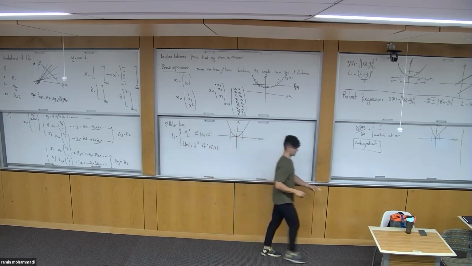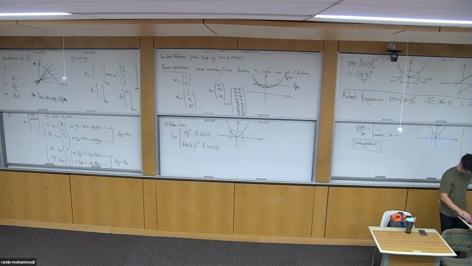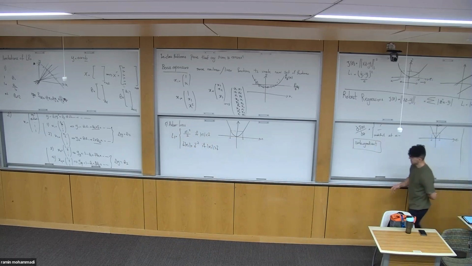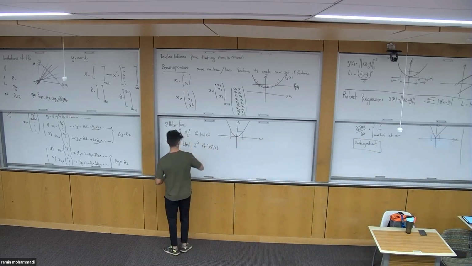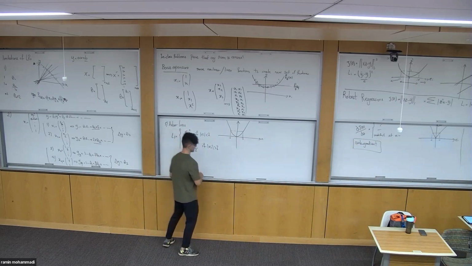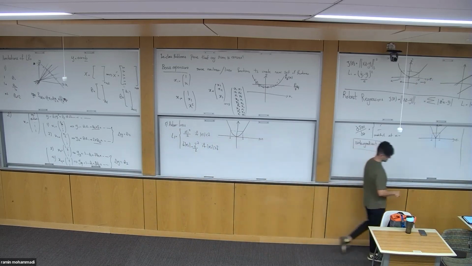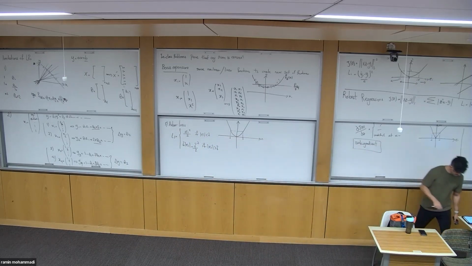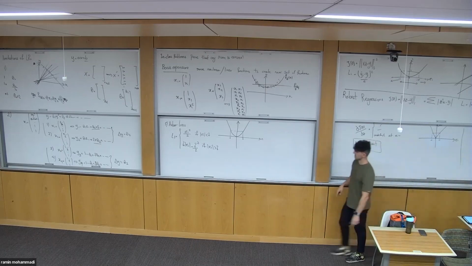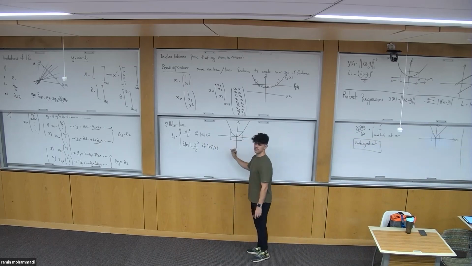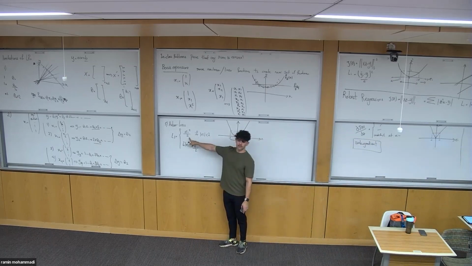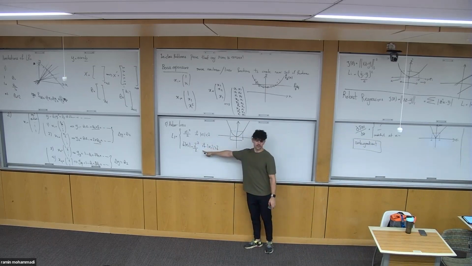So if you are within this range, that's the error value; if you're outside of this range, that's the other expression.